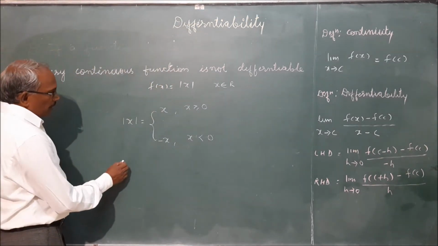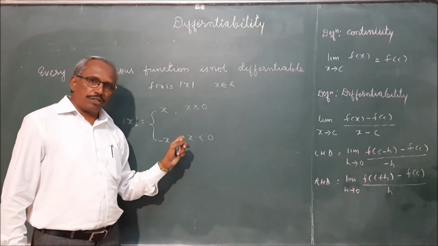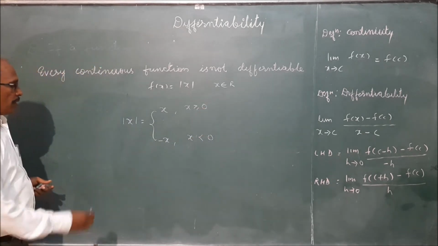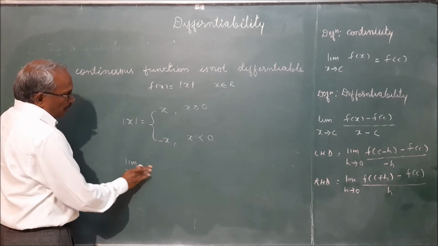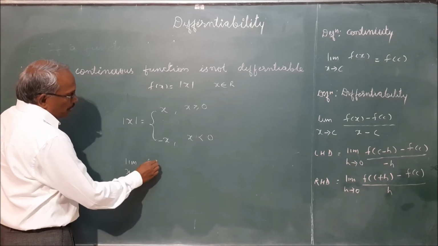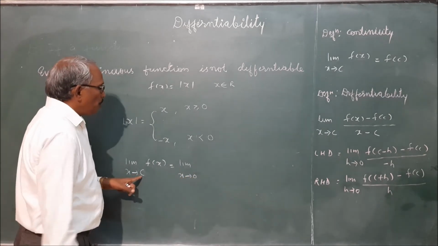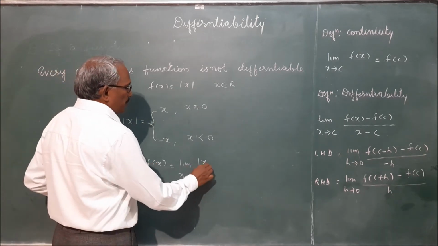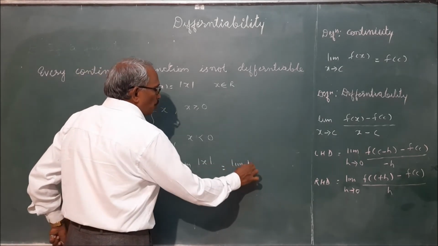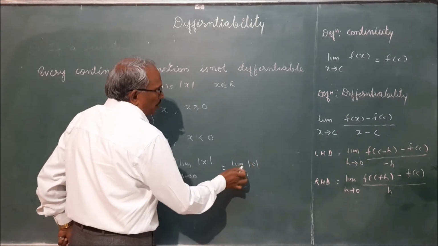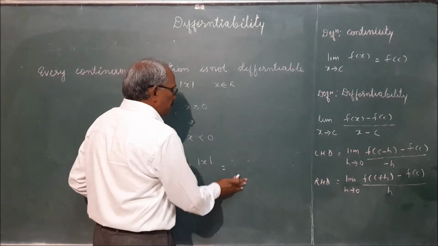Now let us take the value of c as 0 and check whether this function is continuous or not. So limit x tends to c, f(x) is equal to limit x tends to 0, mod x.